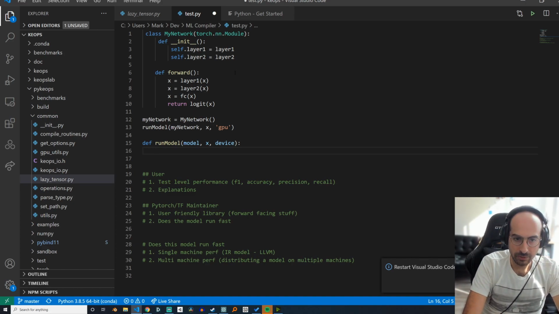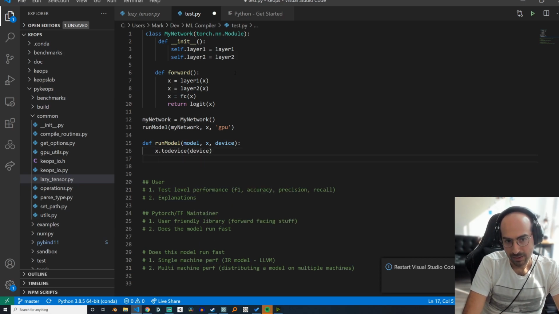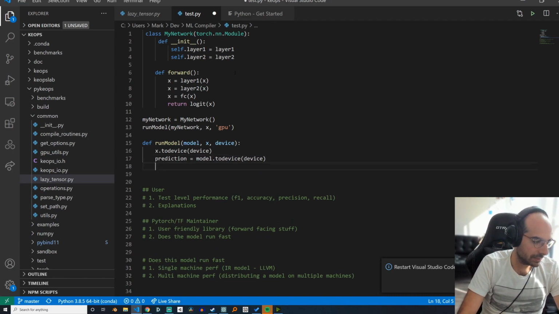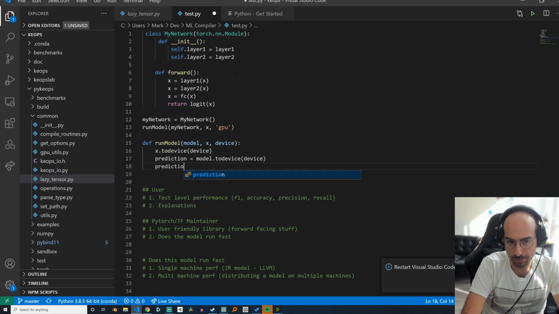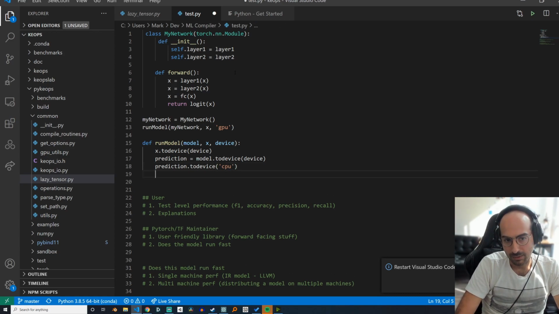You're going to say X to device, device, and then model to device, device. So this is your prediction. But then to read your prediction back on the CPU so you can print it at the console, you're also implicitly saying the device CPU, and then you're saying something like return.